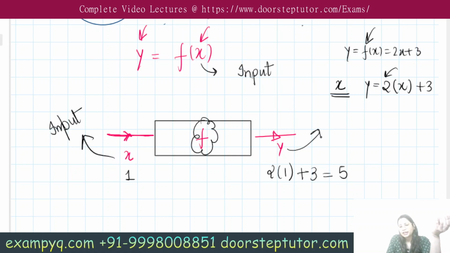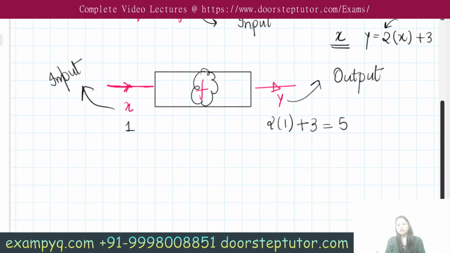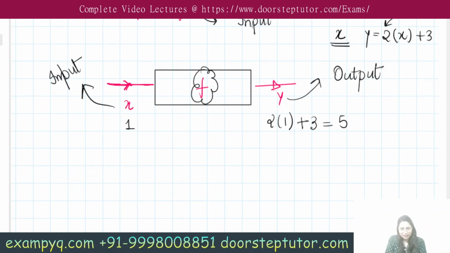And similarly, in addition to being called the dependent variable, y is also called the output variable. Because your f is doing processing on x and is giving out some values of y, which are your output.